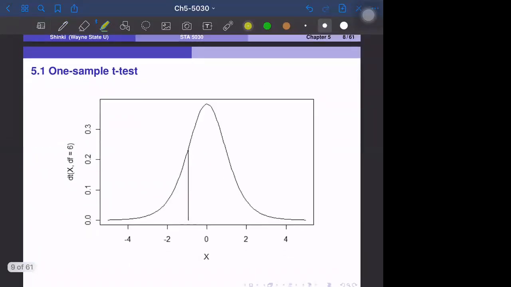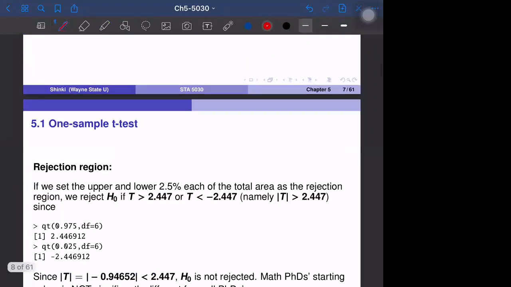And actually, if we see the negative 0.946, that value is in the very typical range of a t-distribution with df 6. So that means the H naught is nothing wrong. So we don't reject H naught.